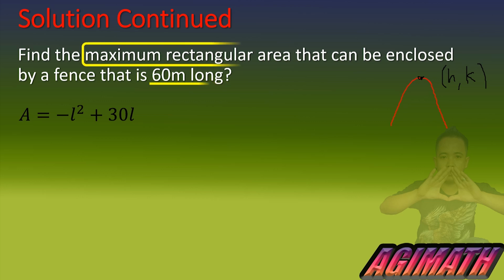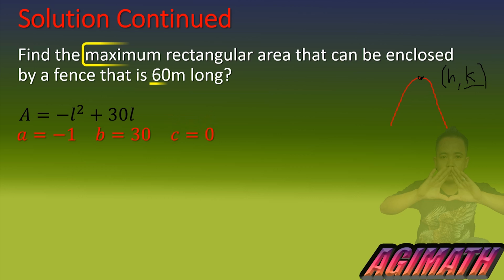So in my own preference, I can solve the maximum rectangular area using the formula in finding the value of K. So let me first give the values of A, B, and C. A is -1, B equals 30, C is equal to 0.